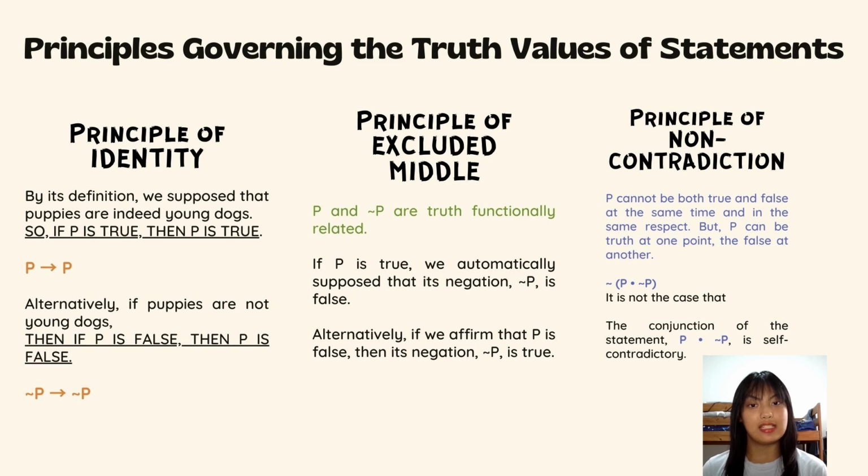This can be represented as P dot not P, contradicting hence the principle of non-contradiction. To make it right, it must be in this representation. This is read as, it is not the case that P and not P, which is the nullification of the previous representation.